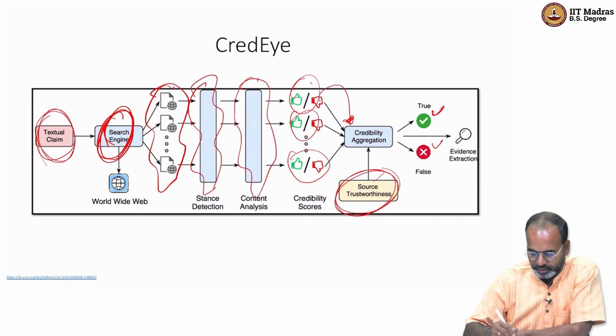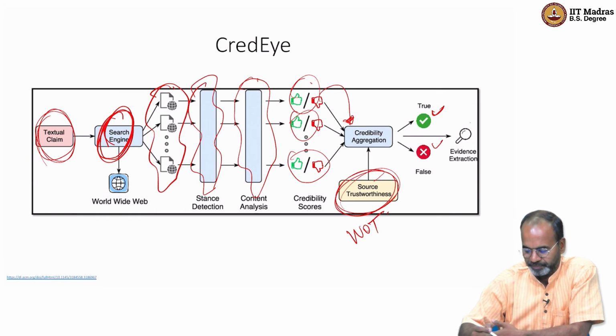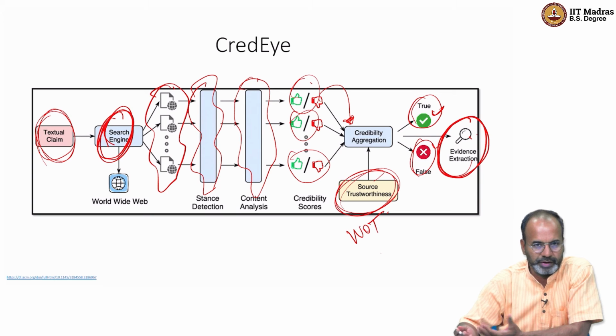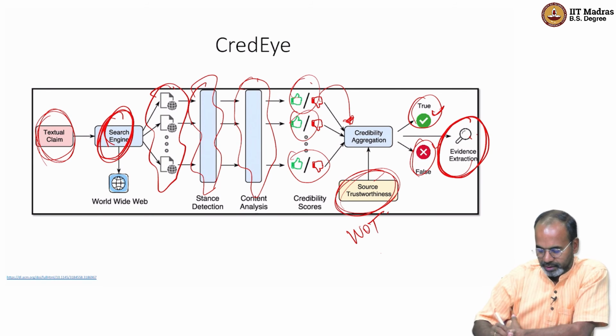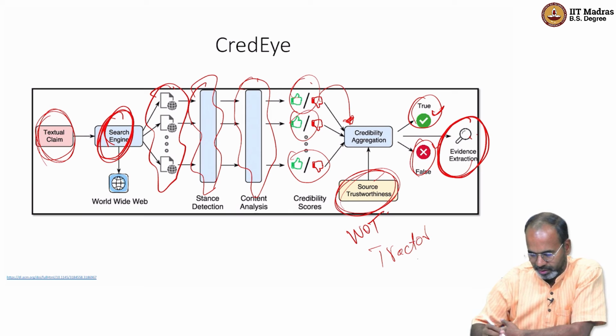And the trustworthiness of the sources is also calculated, which, if you remember, we talked about, along with other mechanisms, and evidence is extracted from that. Then you can say that this is fake, if you remember the tractor or crane plus car example that we saw before.